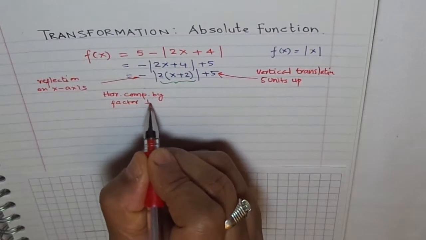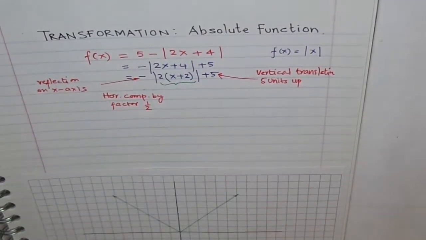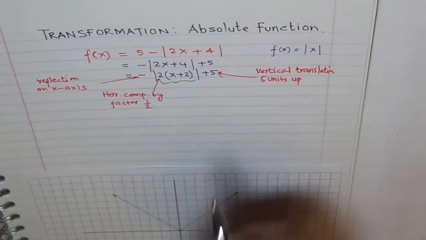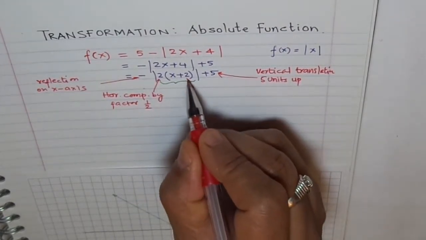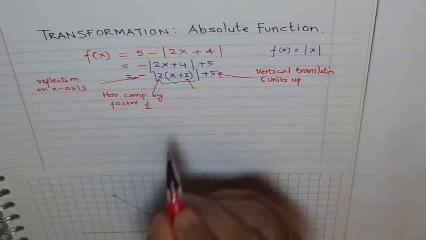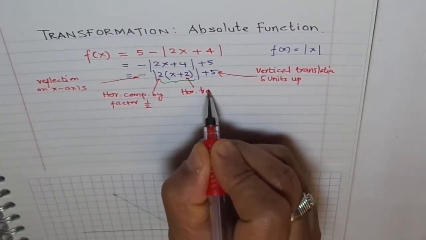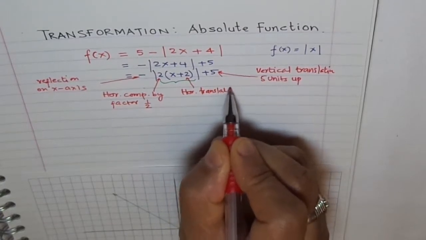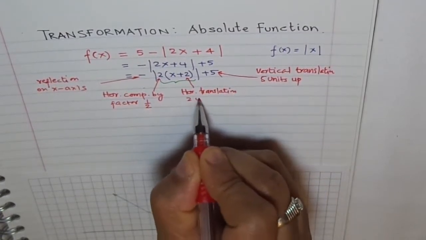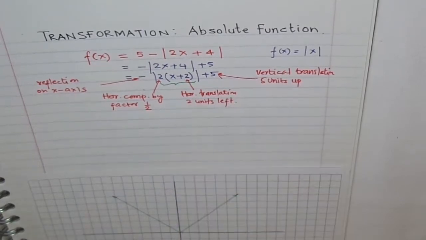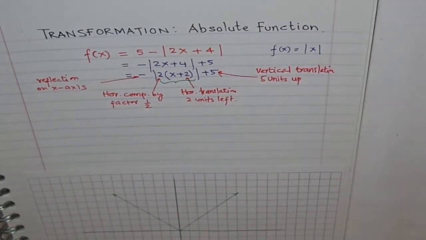Do you remember? Factor of half, 1 over 2. So this is the effect of this 2. And how about this 2? This 2 is horizontal translation 2 units to which side? Left. So that is the transformation which we are looking for.